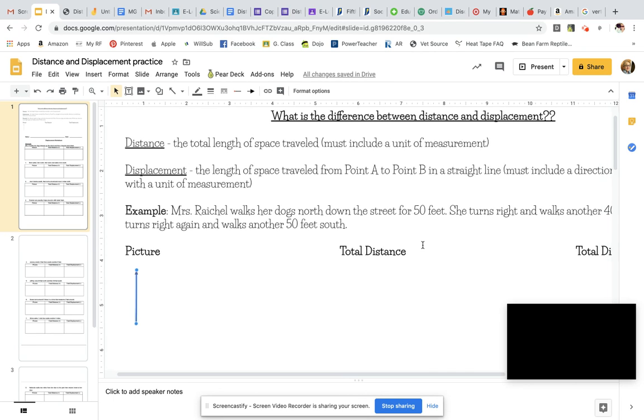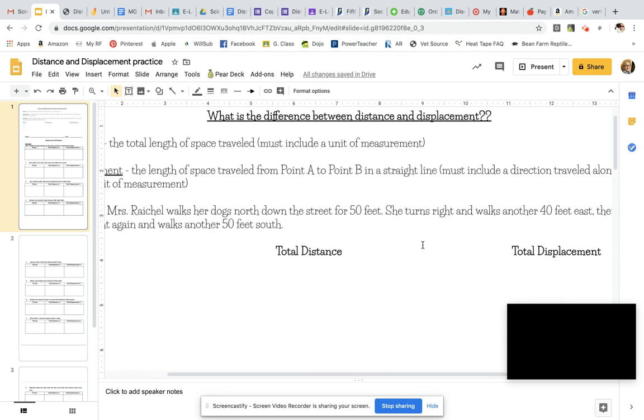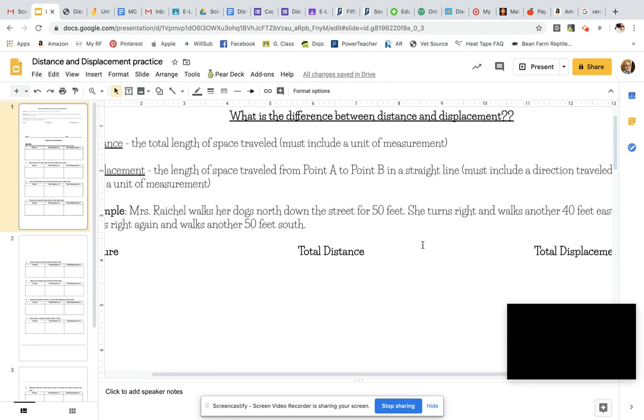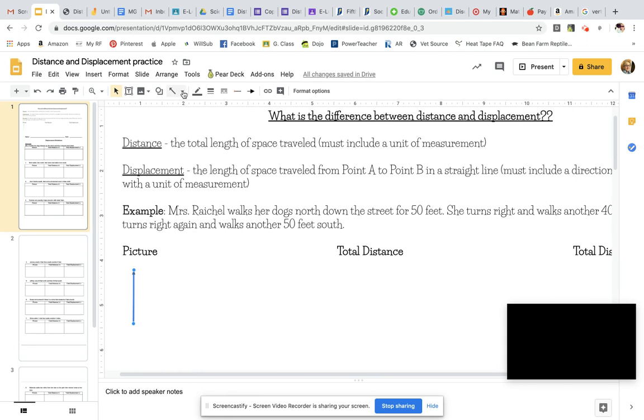But after I walked 50 feet north, I turned right and walked another 40 feet east. So I'm going to make a shorter line and go up to this tool and the arrow. And from the point that I ended, I'm going to draw a shorter line. And then one more line to show when I turned and walked another 50 feet south.